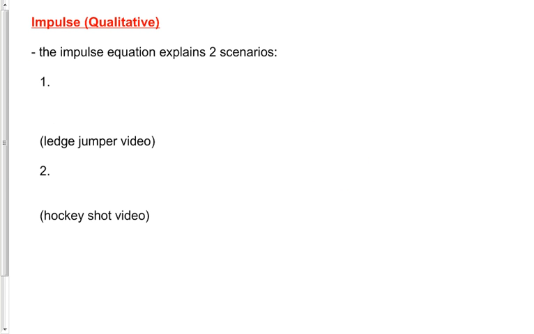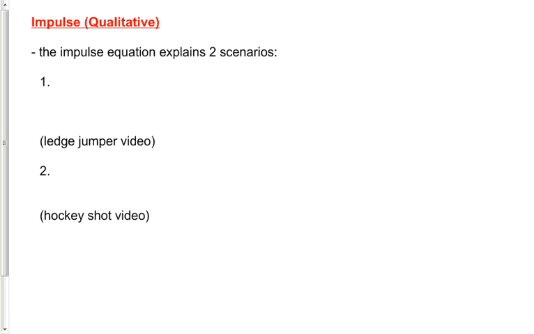We're going to move on here and talk about 2 qualitative implications of impulse now. We've done the math, and we'll do more math, but we're ready to move on to talk about the concept, kind of bigger picture than just mathematics of impulse.